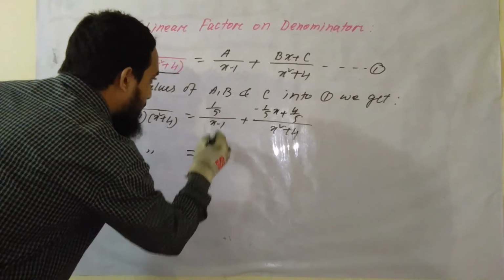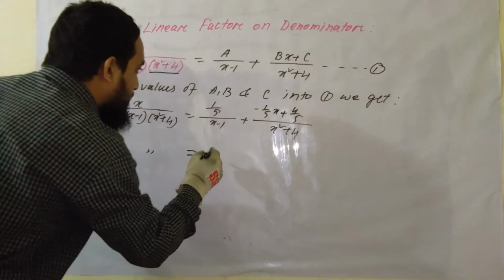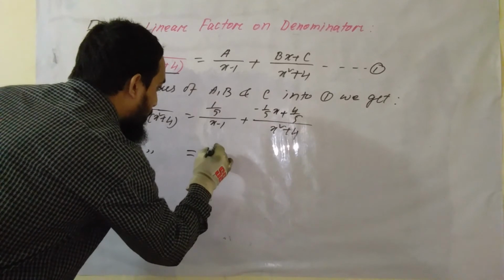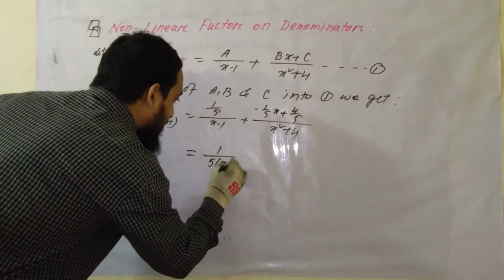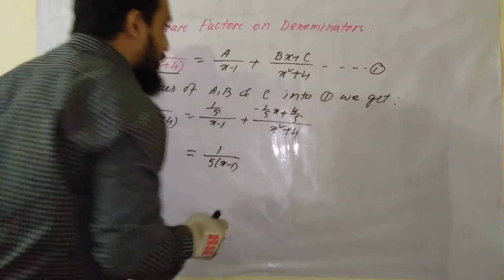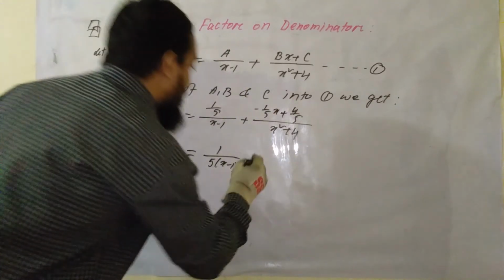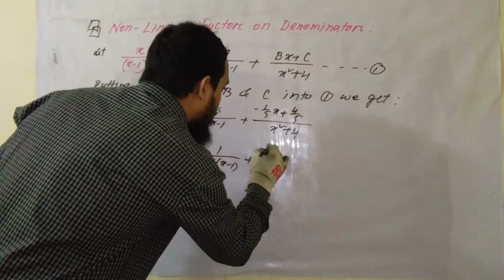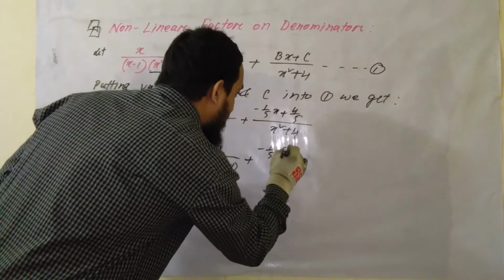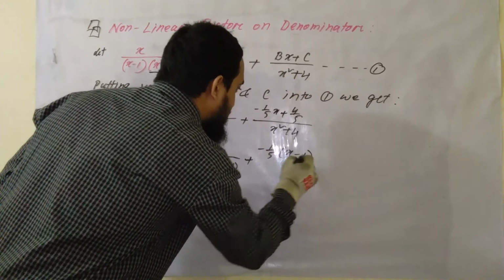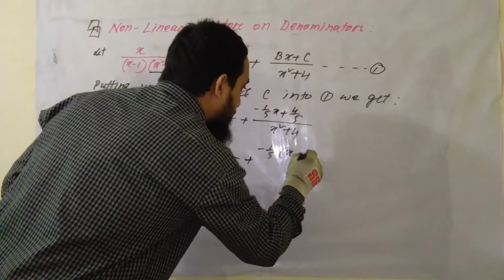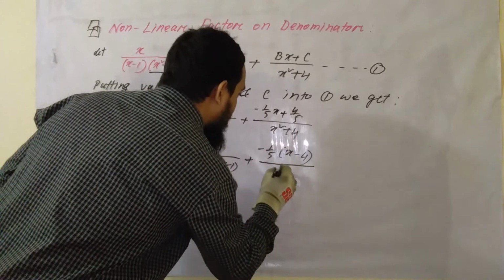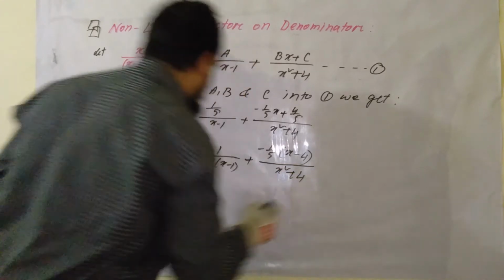Here we can write 1 by 5 into x minus 1. If we take common minus 1 by 5 on the numerator, here we get x minus 4 divided by x square plus 4.